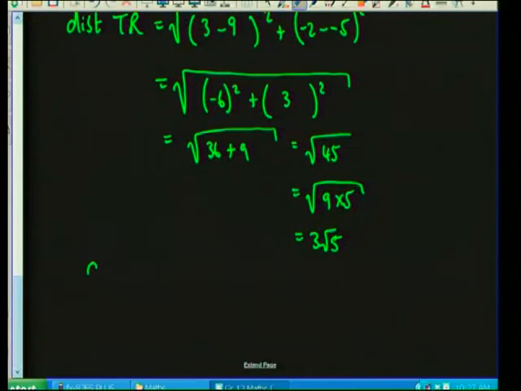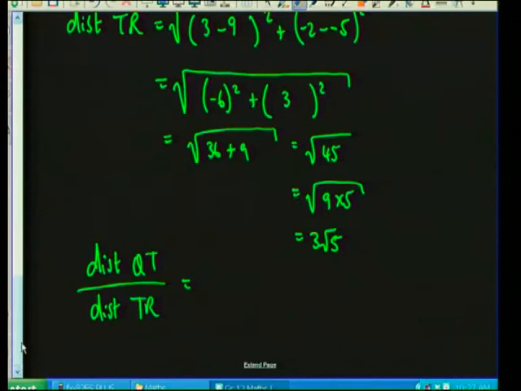So let's take the distance QT, and let's look at the distance TR, and see what that gives me. Because remember, a ratio is the same as a fraction. So the distance QT was root 5. And the distance TR is 3 root 5.